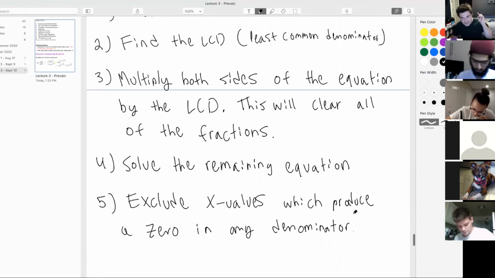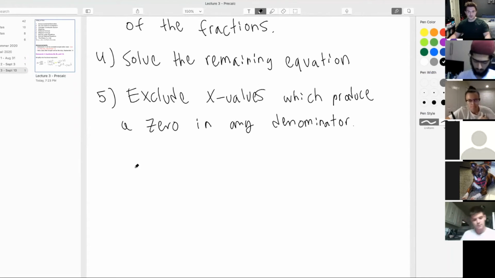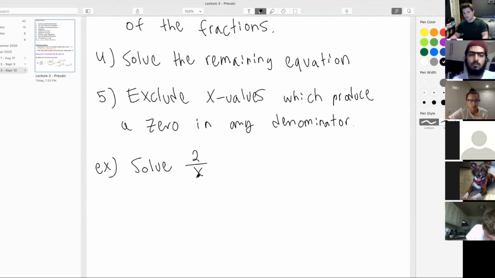All right, so let's do an example here, okay? So let's solve 2 over x minus 3 over 2 equals 7 over 2x.